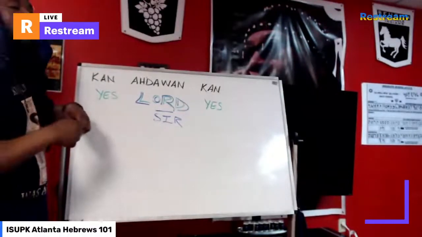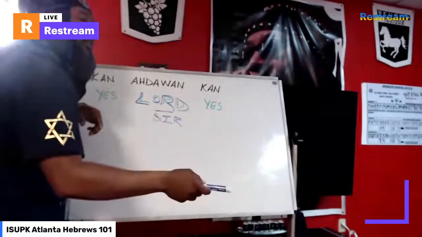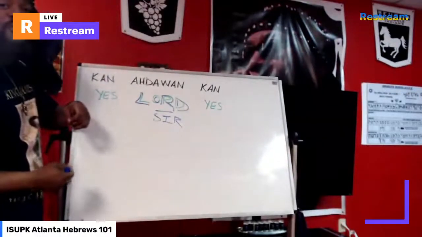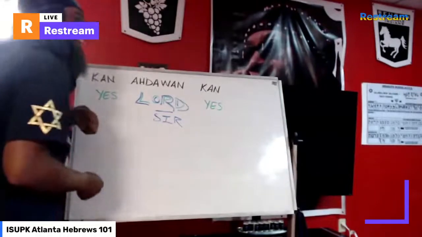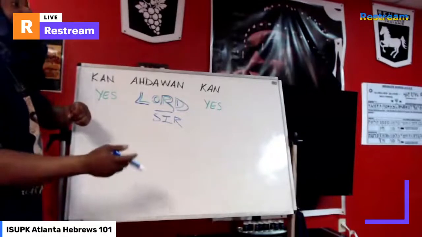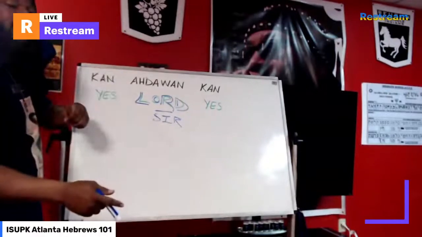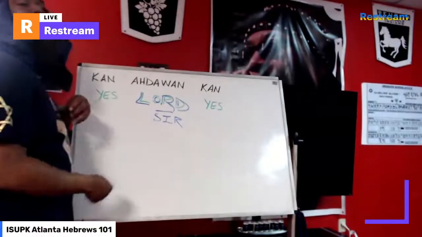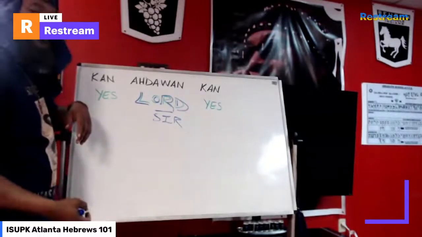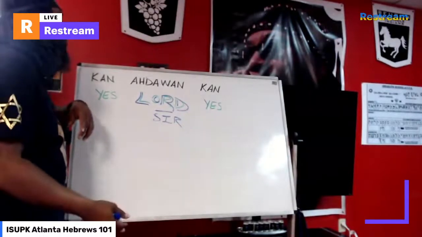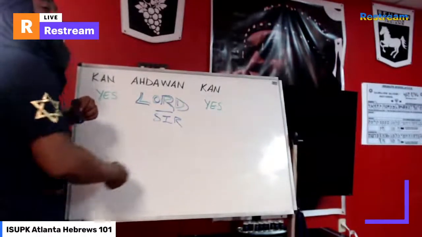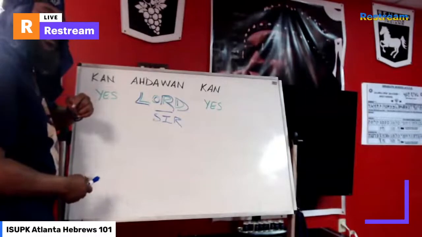And she will say, Khan, sir, or in Hebrew, Khan Adawan Khan. It is the same. Because for her, in English, it is easier to say Khan, sir. So, Khan, Adawan, Khan. Cool, good.